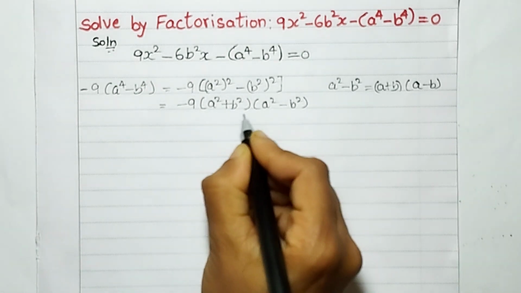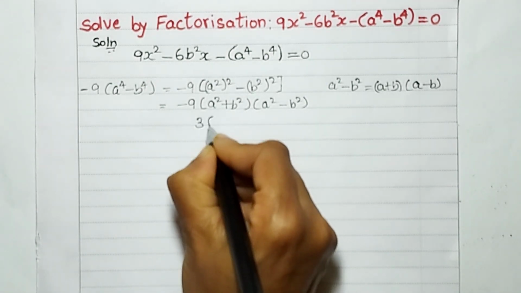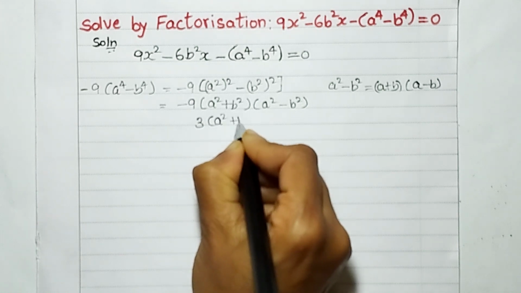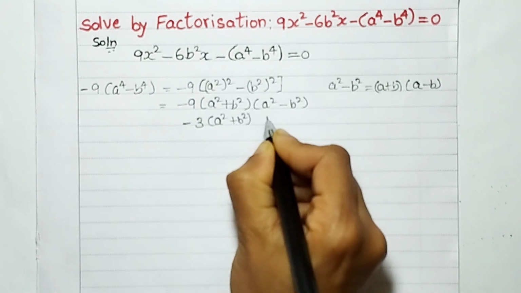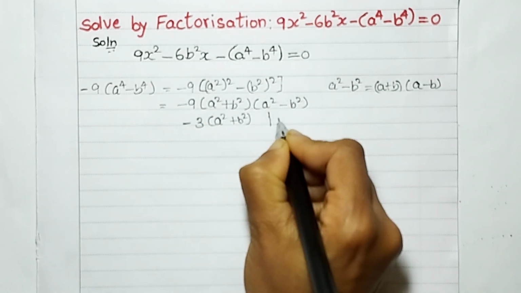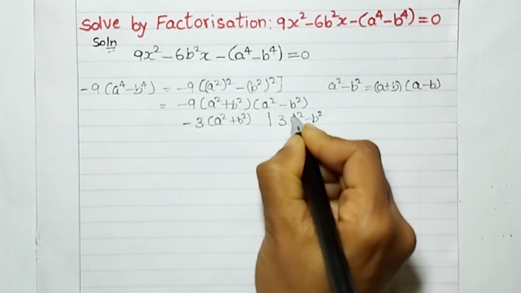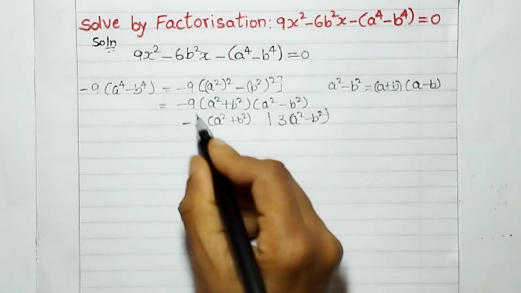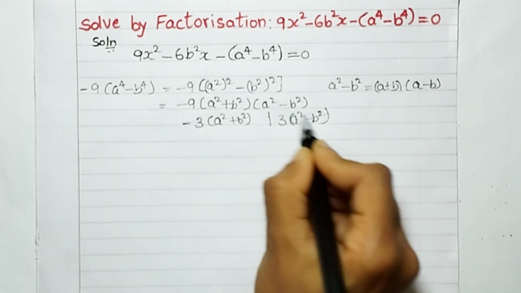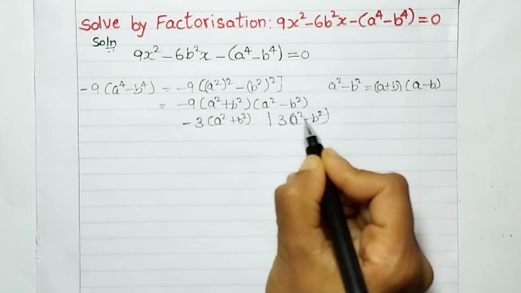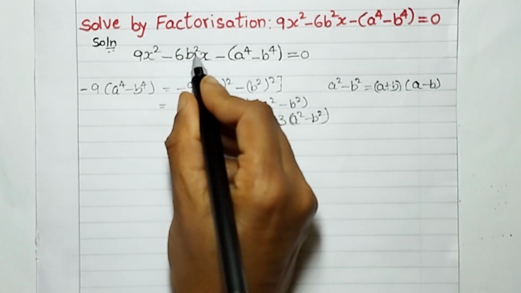Now we can split this into two terms such that −3(a² + b²) and 3(a² − b²), since −3 into 3 is −9. When we add these two, we will get −6b².